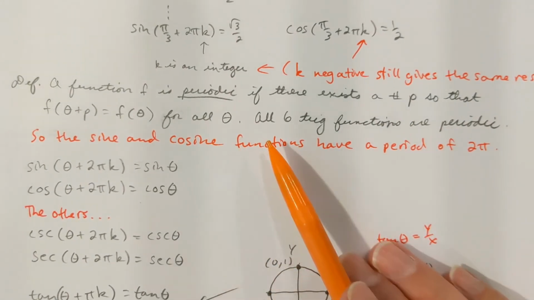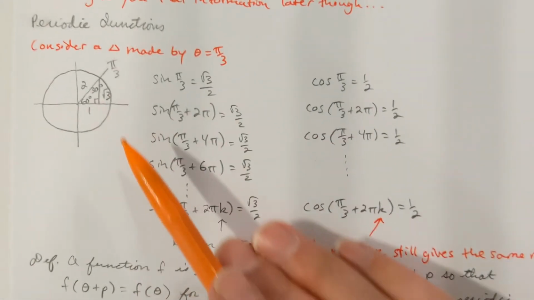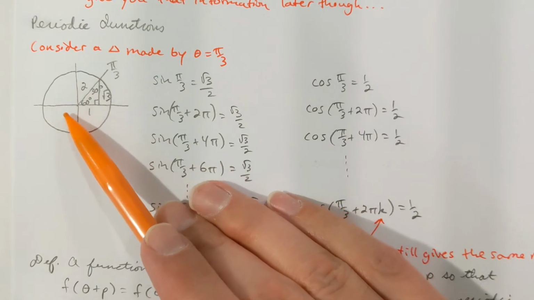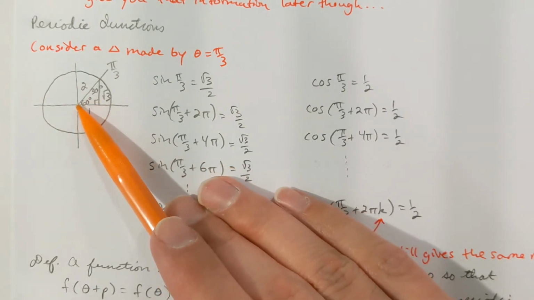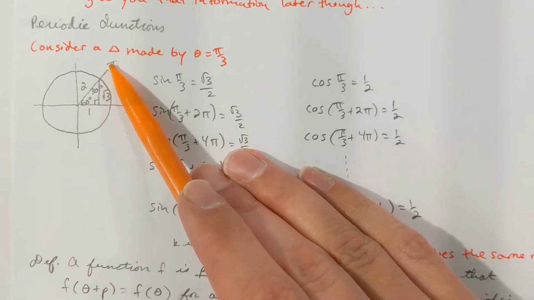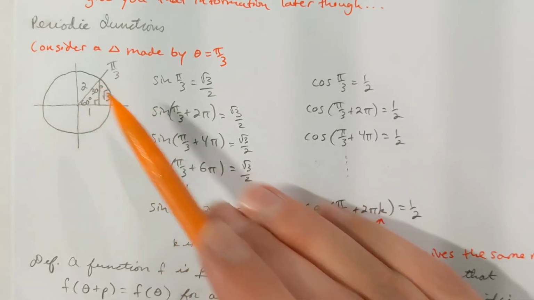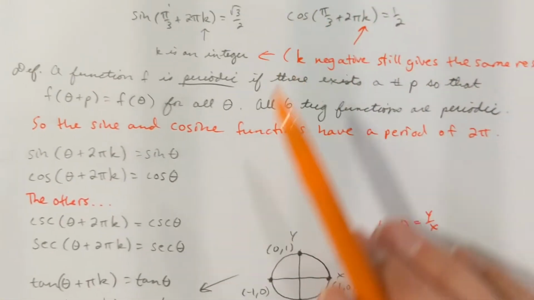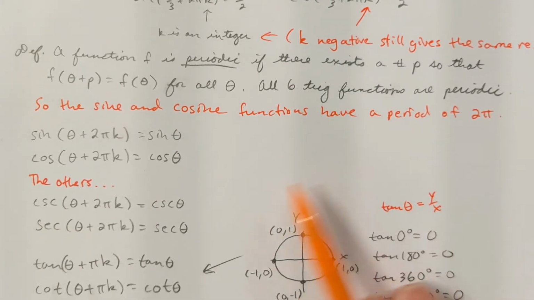The sine and cosine functions have a periodic factor of 2 pi radians, so we can see in this example here that if you move in increments of 2 pi around the center, you're going to be at the same angle that you were previously, or you'd be working with the same 30, 60, 90 right triangle there. So the sine and cosine functions have a periodic factor of 2 pi radians.